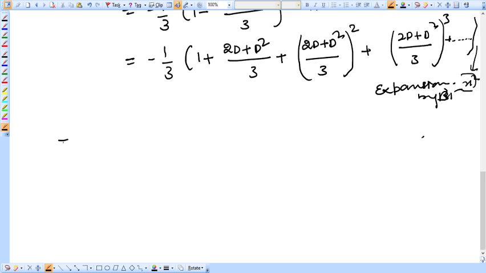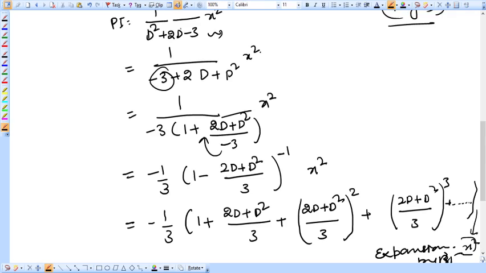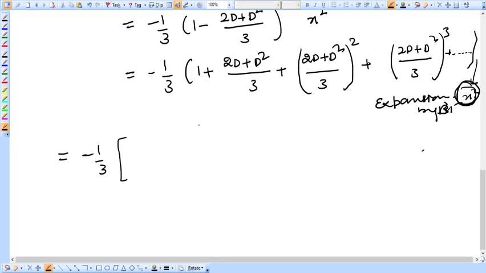So this is equal to minus 1 by 3 times this expansion. Now take this x square inside.